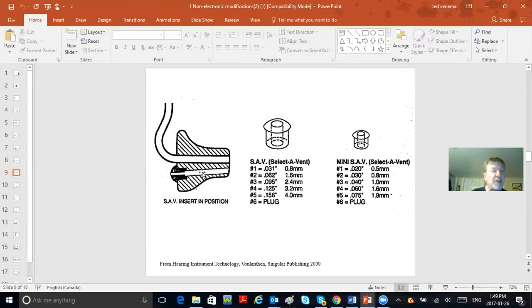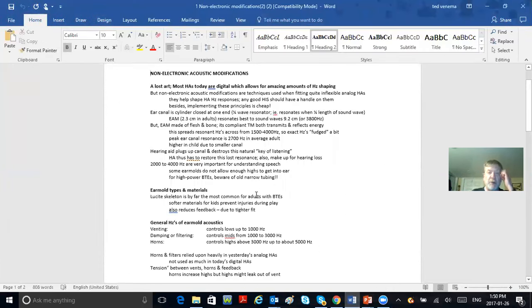Here's the vent. The sound comes through your number 13 tubing from the hearing aid, and your vent is this hole in the ear mold that goes parallel to the number 13 sound tube. Then you could adjust the size of the vent by plugging it with what they call the selective vent.